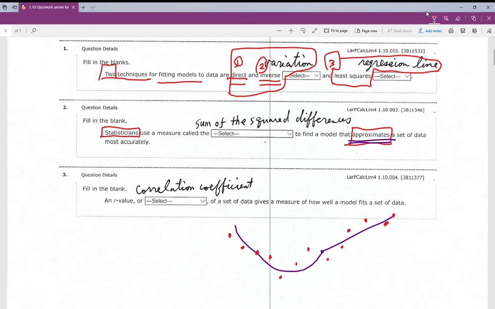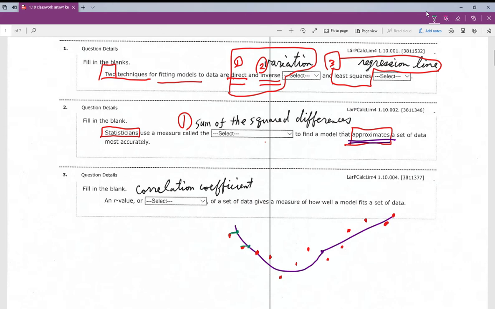And how do we decide whether this is a good model or not? That's one way: we use the sum of the squared difference. What's the sum of the squared difference? We try to find the difference between the real data and the modeled data.